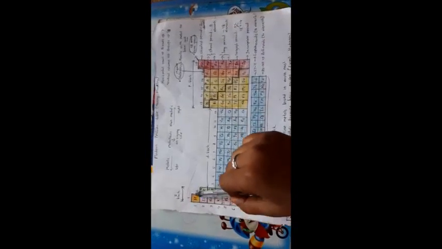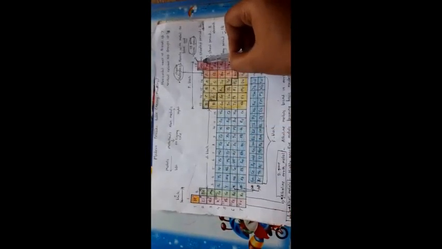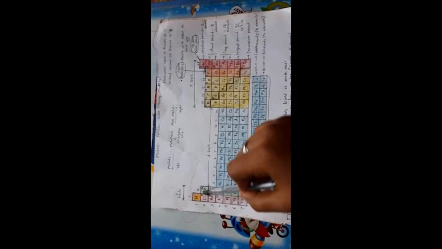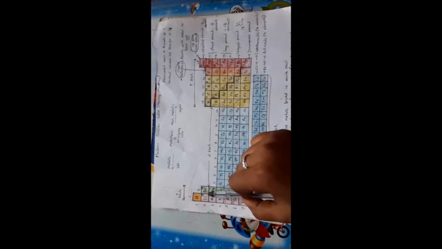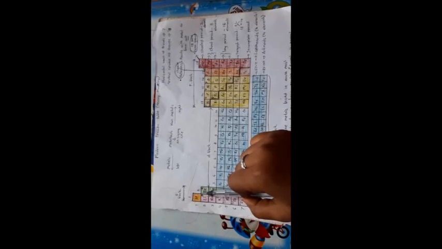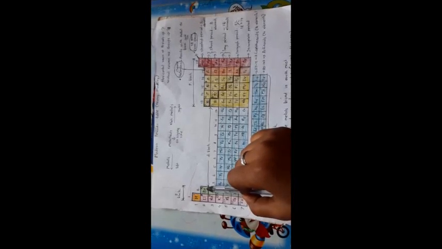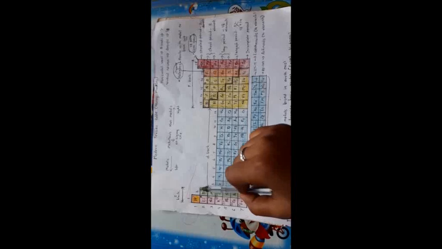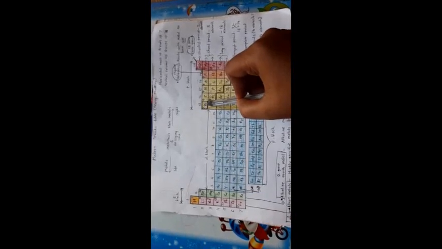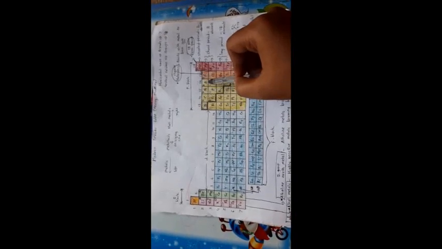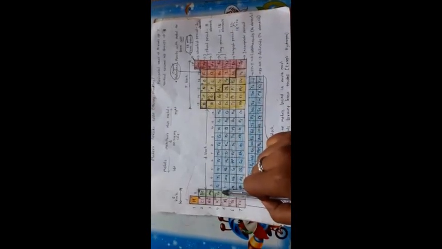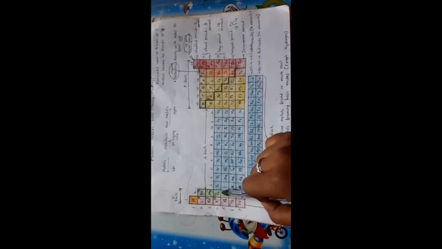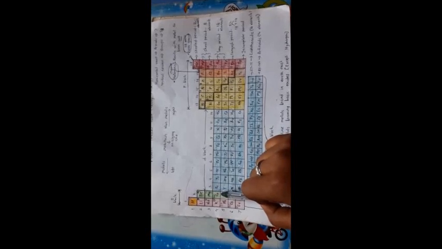When this one row is filled completely, we move to the next period, the second period. Here the third element will be placed, which is lithium. Next is beryllium, fourth atomic number. Next are boron, carbon, nitrogen, oxygen, fluorine, neon, potassium and calcium. These 20 elements according to atomic numbers, you are familiar with them.